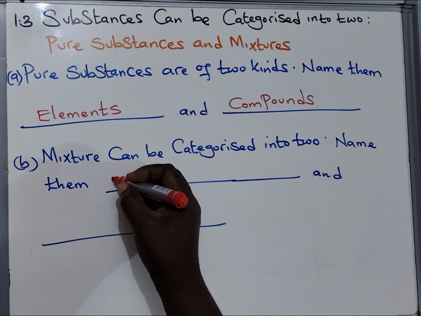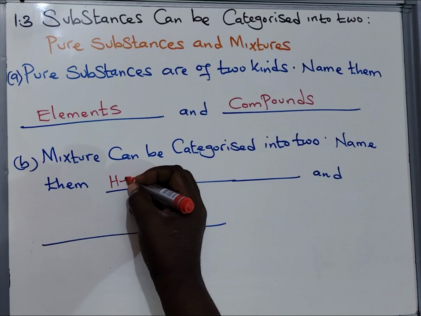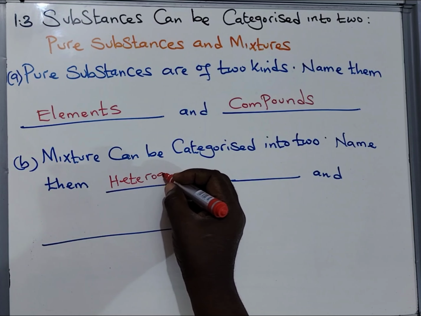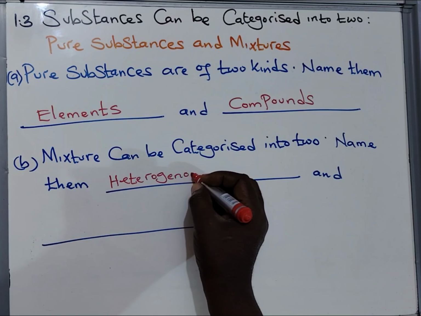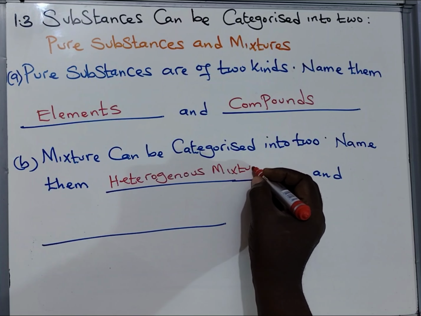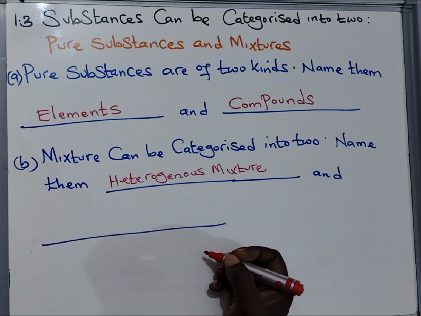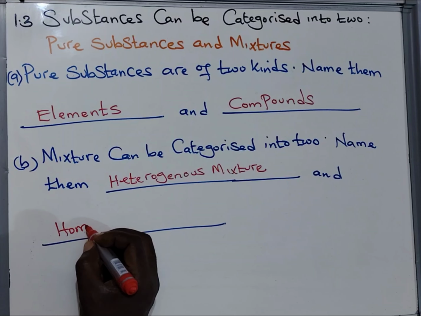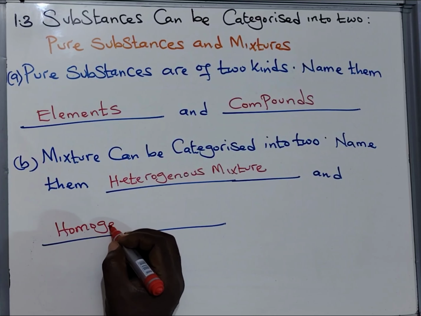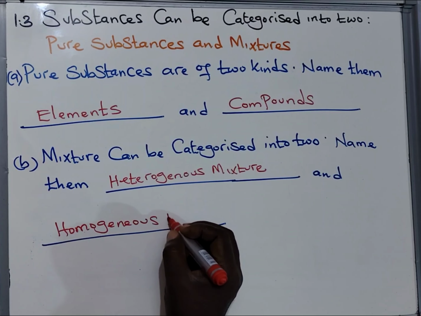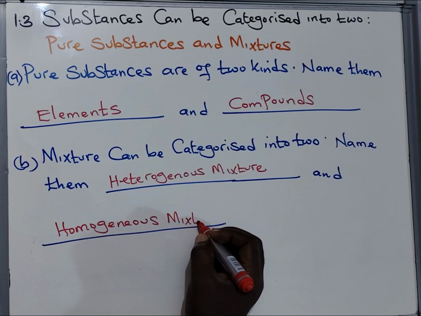The first one, we call them heterogeneous mixtures. And the other category is homogeneous mixtures.